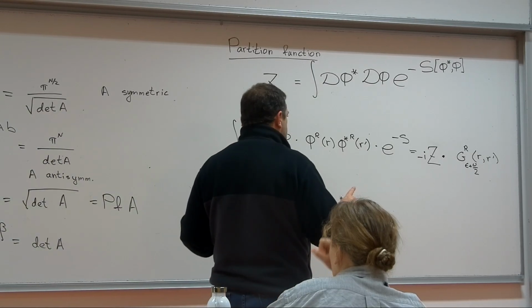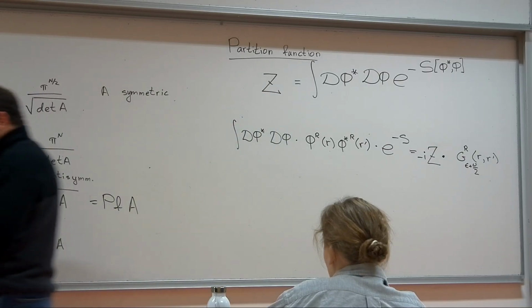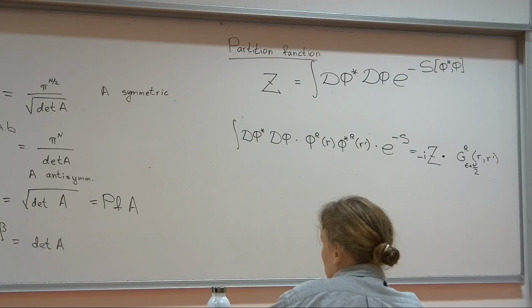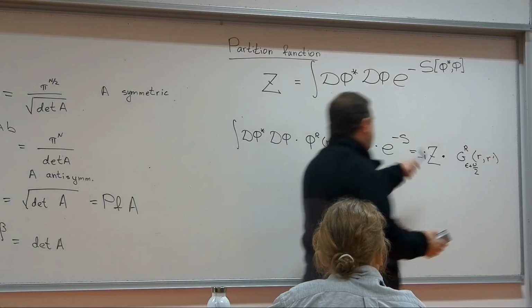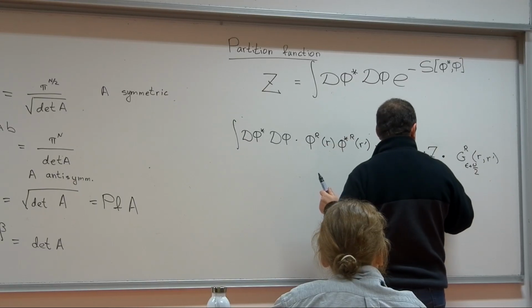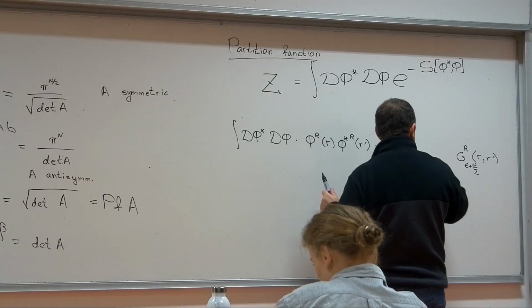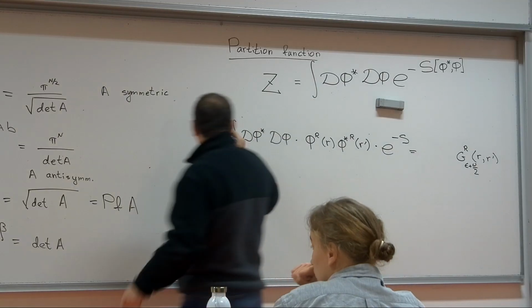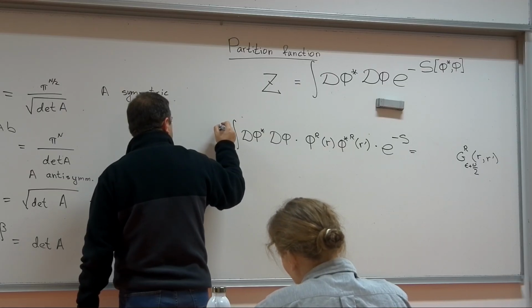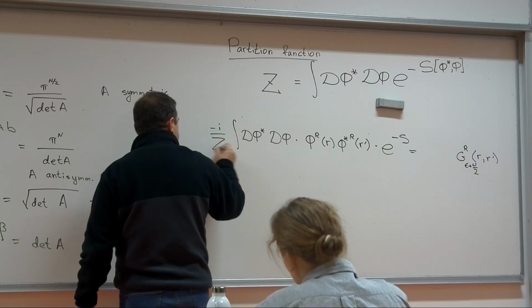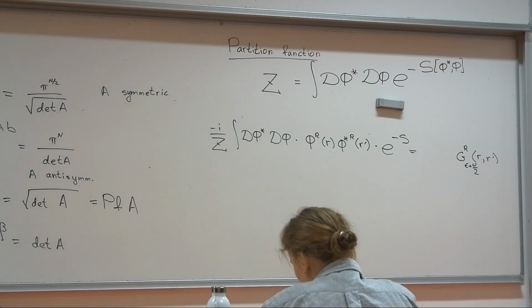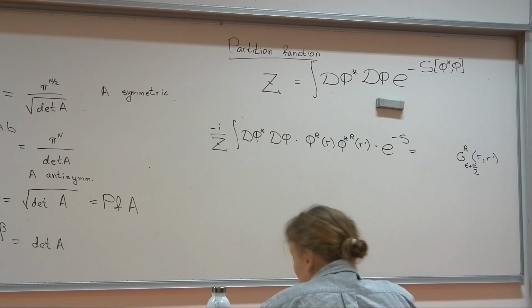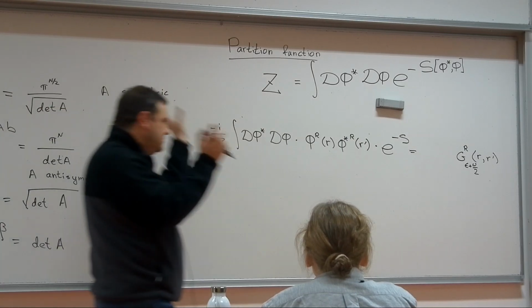But actually, this exact identity is usually written differently. It will be the same identity, but I will take this Z and put it on the left-hand side. Or probably it should have been i and not minus i. It's like this: minus i divided by Z. Now it's correct. So it's minus i here, also minus in the exponent. That's all.